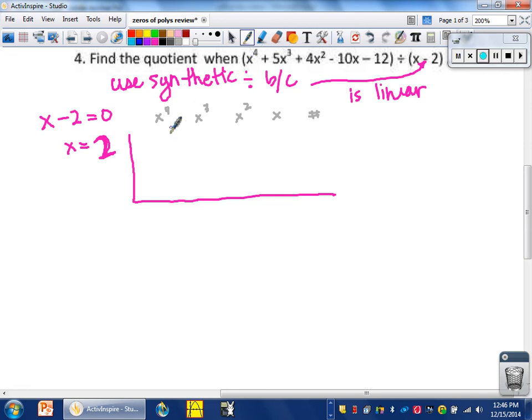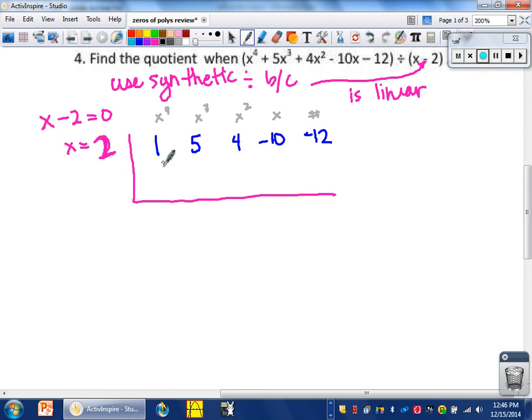So the coefficient of x to the 4th is 1, x cubed is 5, x squared is 4, minus 10, and minus 12. Okay, so these are all the coefficients. Make sure you have every single power accounted for. If you're missing one of the exponents, make sure you have a 0 in there instead of leaving it blank.